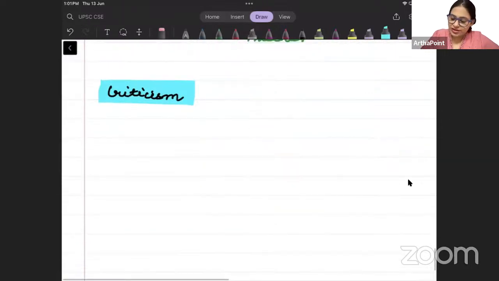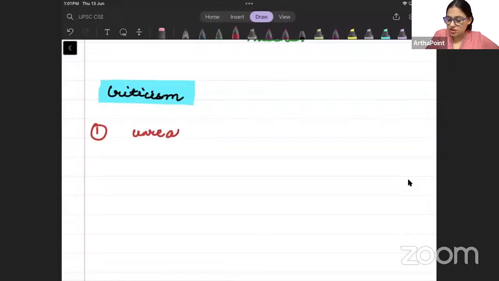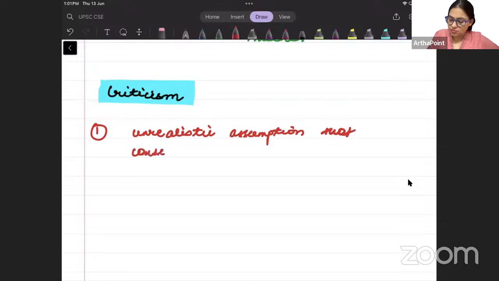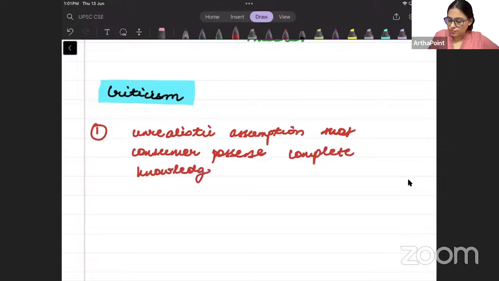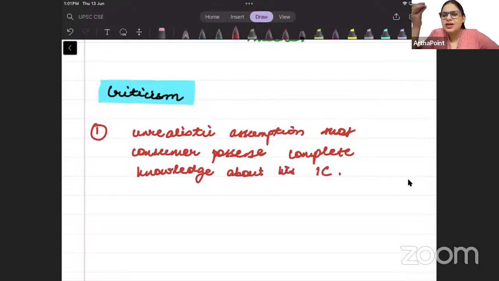So when we talk about criticism, the first criticism is the unrealistic assumption that the consumer possesses complete knowledge about his indifference curve. Very unrealistic.